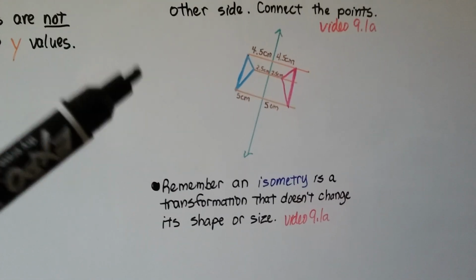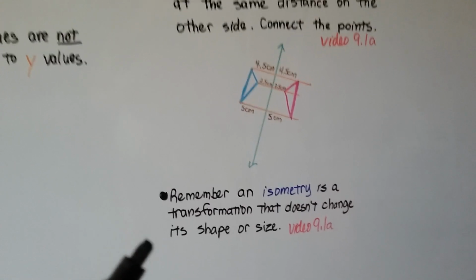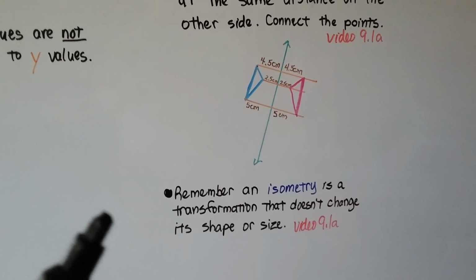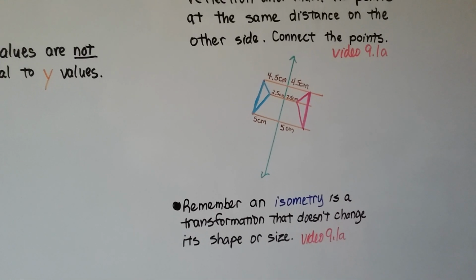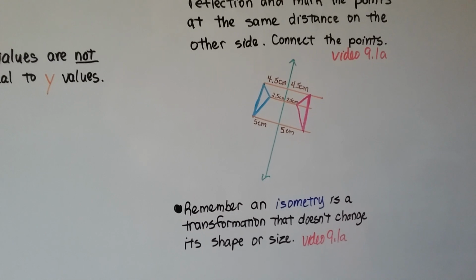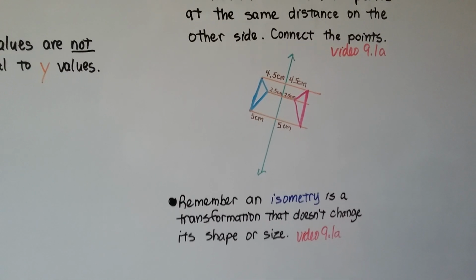You should watch the previous video if you don't understand that or if you want to see more about that. And remember, also from the previous video, an isometry is a transformation that doesn't change its shape or size. So reflections, translations, and rotations, flips, slides, and turns are all isometries, okay?